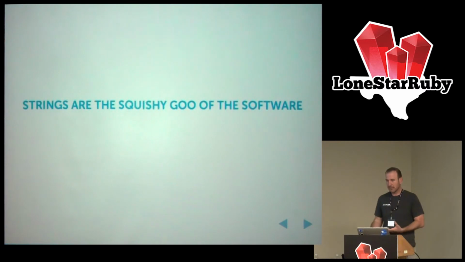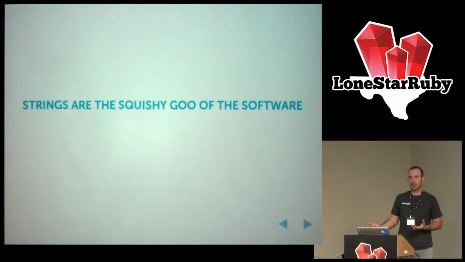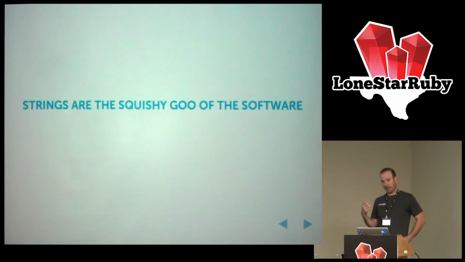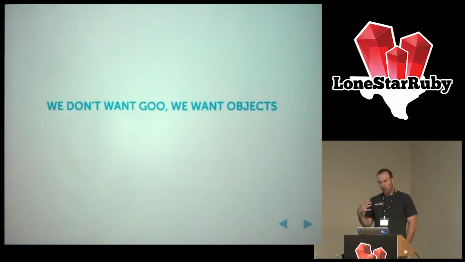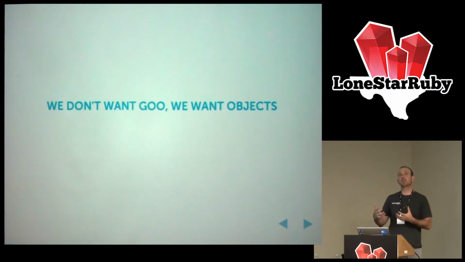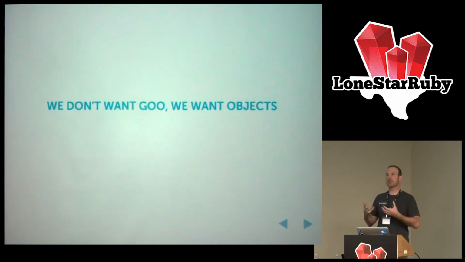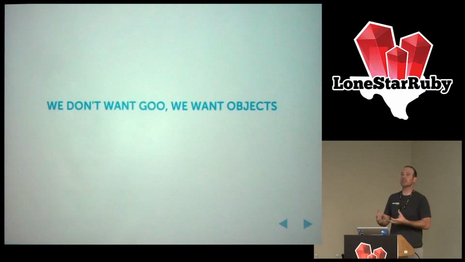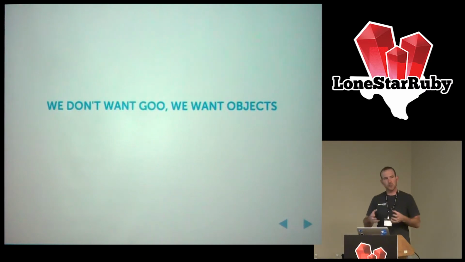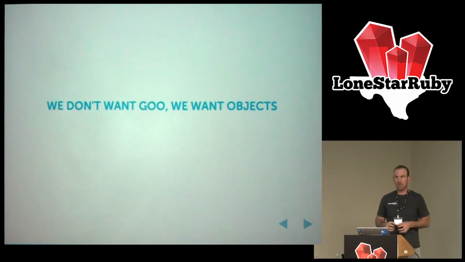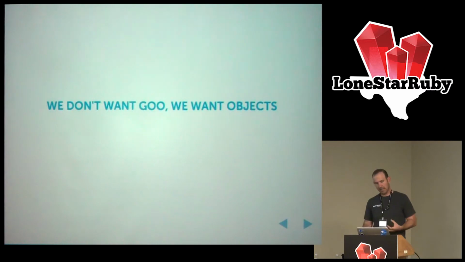Strings are the universal interface, and they're good to have, but we want entities about which we can know facts and from which we can derive values. We want knowledge that's encoded in those entities. We want objects. And the sooner we can get from strings to objects, the better off we're going to be.